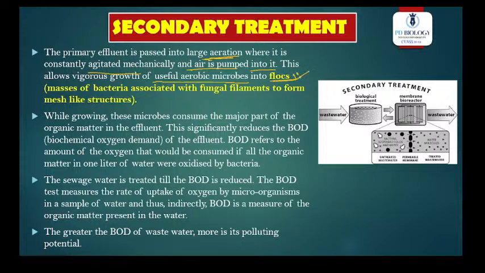So that's the important question. What are flocs? Flocs are masses of bacteria associated with fungal filaments in the form of mesh-like structures. So very important, this one. What are flocs?